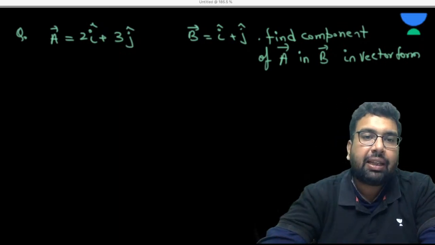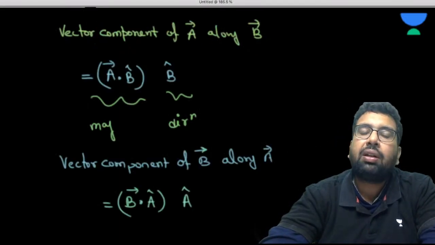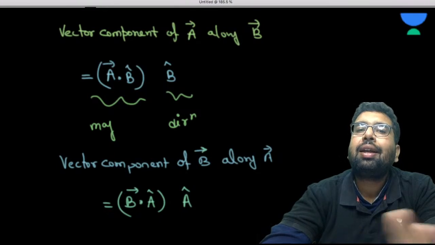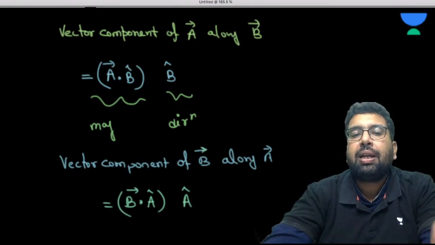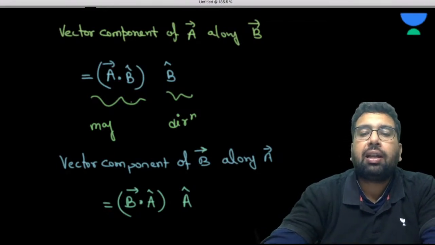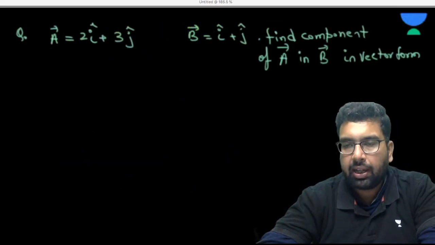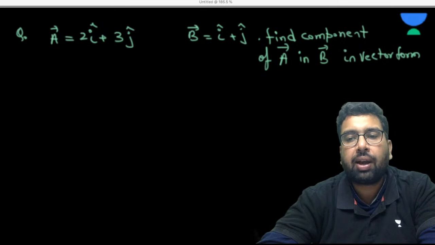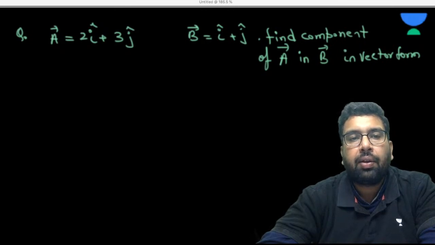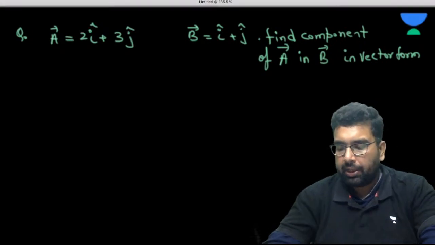So basically, see, firstly you have done the dot product, then scalar into vector. A dot B cap is a scalar, okay, this is a scalar quantity. So a scalar multiplied with a vector is always a vector. Right? Now please do it.